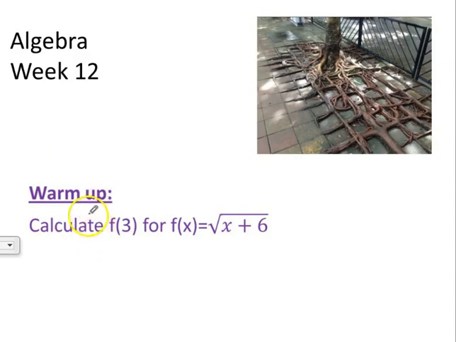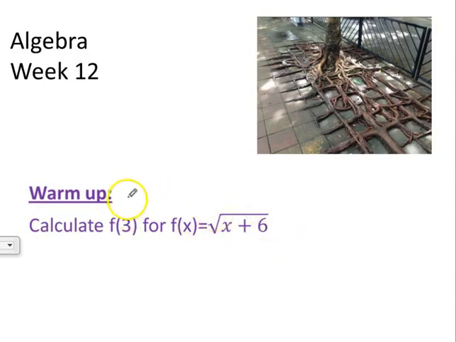What I would like you to do is calculate f of 3. So we're looking at a function for f of x when it's equal to the square root of x plus 6. So remember, this equation right here is written in function format. And I'm asking you to find the f of 3 for the f function right here.